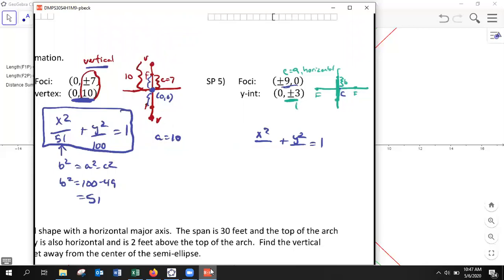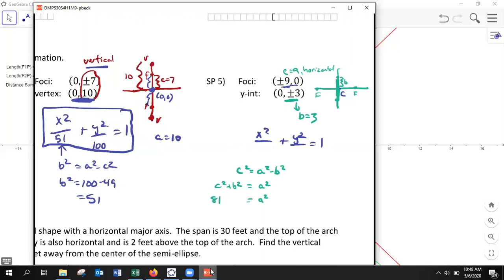So this 3 is b, and I now know c, I now know b. If you remember, c squared is a squared minus b squared. Or rewriting it using the c and the b that we know, a squared will equal c squared plus b squared.